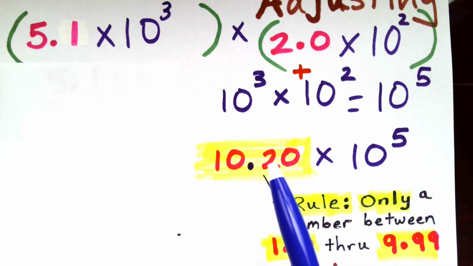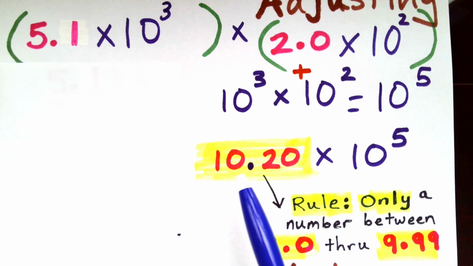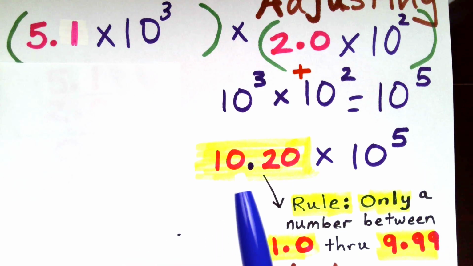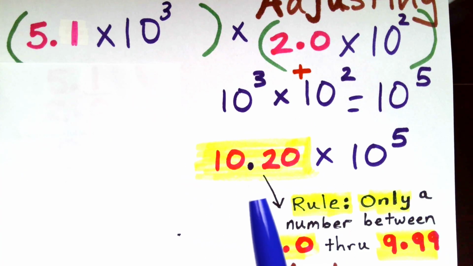Now you have to ask yourself, does this coefficient, 10.2 or 10.20, follow the rule of only having a number between 1.0 and 9.99, which is a rule for scientific notation? No, it does not. So now we have to adjust the value. We need to turn that 10.2 into a number between 1.0 and 9.99, which means we're going to have to move that decimal.